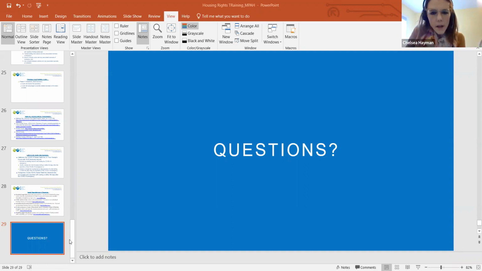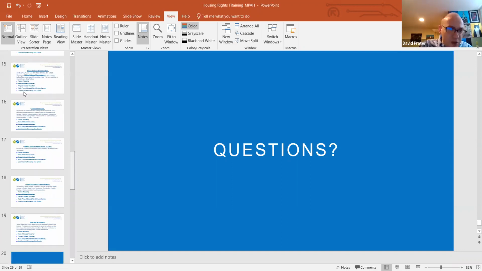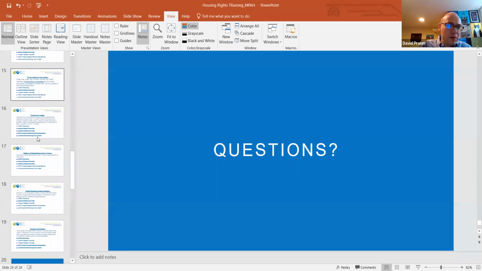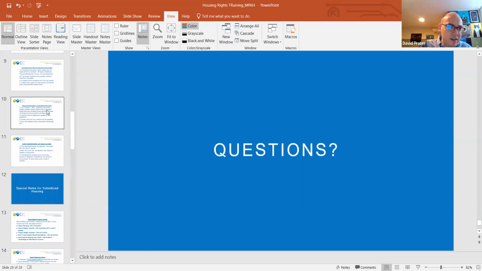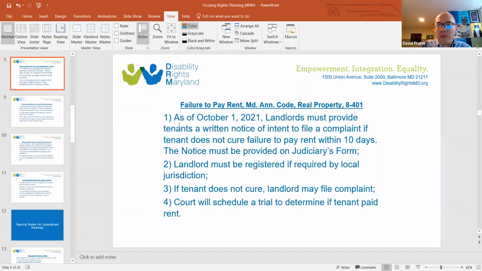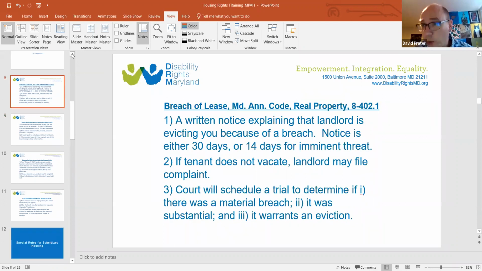All right. Anna Patton asks, can you define material breach and what would make it substantial? Really good question. A material breach is usually something that is material to the terms of the agreement. This is really going to depend on how the parties interpret the lease.